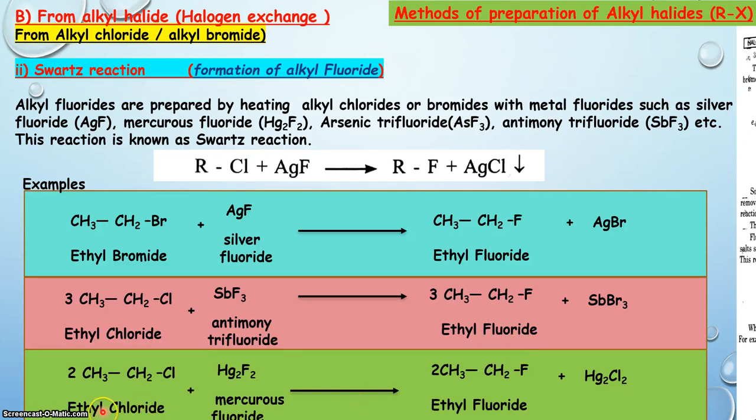Again in the second reaction, 2 molecules of ethyl chloride on reaction with mercurous fluoride produce ethyl fluoride. In all these 3 reactions, bromine or chlorine of the reactant alkyl halide will be replaced by fluorine and the product we are getting is alkyl fluoride. And this is the specification of the Schwartz reaction. That means the Schwartz reaction is used for the formation of alkyl fluoride.